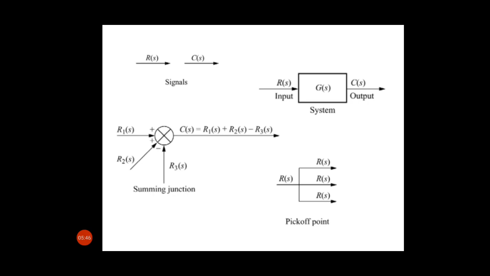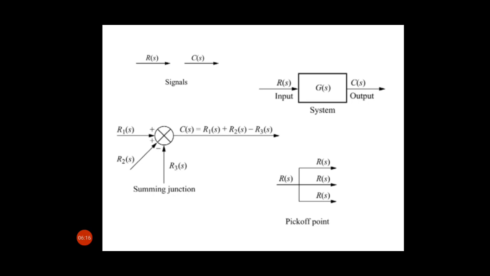Block is having some gain or transfer function. So here the transfer function is indicated by G(s). So this block is having a particular gain, and the gain is G. If we are going to represent the transfer function of the block, I am going to represent it by G(s).